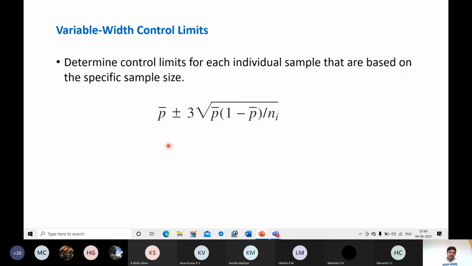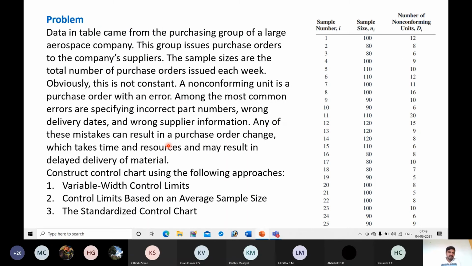Next, we can understand these approaches with the help of a problem. Data in the table came from the purchasing group of a large aerospace company. This group issues purchase orders to the company's suppliers. The sample sizes are the total number of purchase orders issued each week.